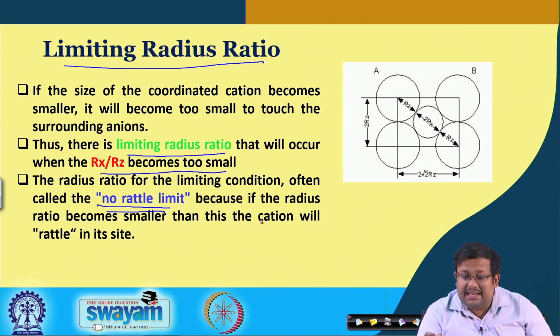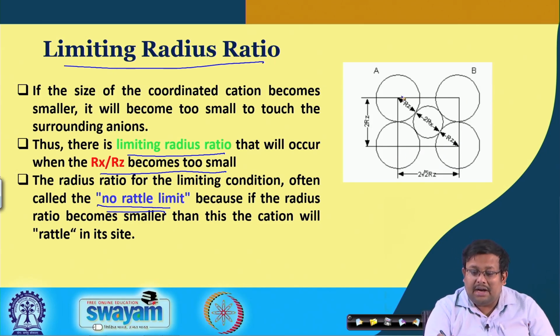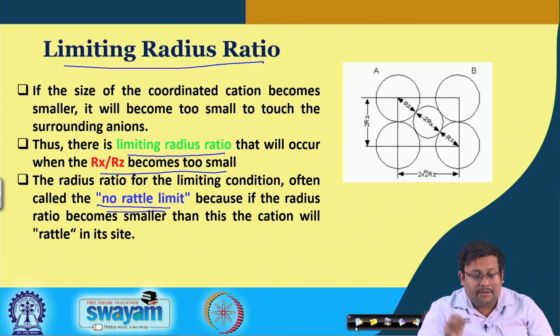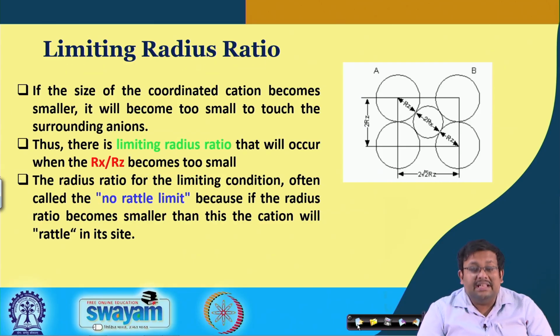As you can see here, there are 4 anions surrounding a cation, and the no rattle limit for this 8-fold coordination or cubic arrangement can be calculated by using the Pythagorean theorem.